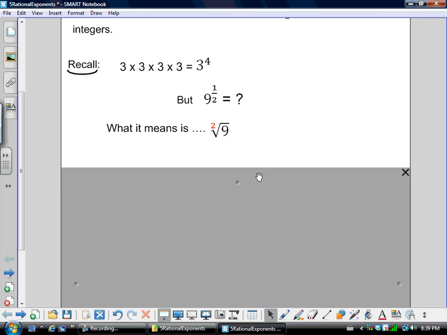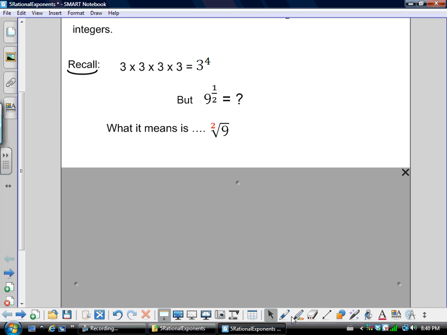Now you're thinking, that's a square root sign. Yes, it is a square root sign, but sometimes the root is not a square root. Okay, so in this case, 9 to the 1/2 actually is the second root of 9. The second root of 9. And you know what that equals, right?